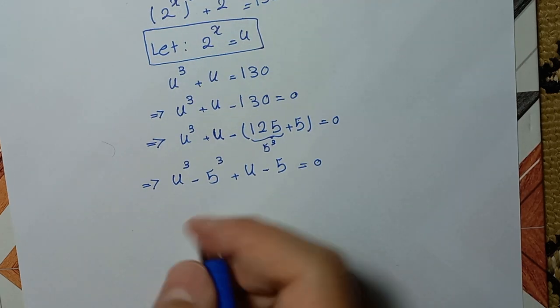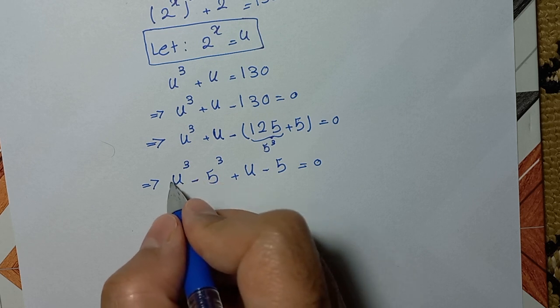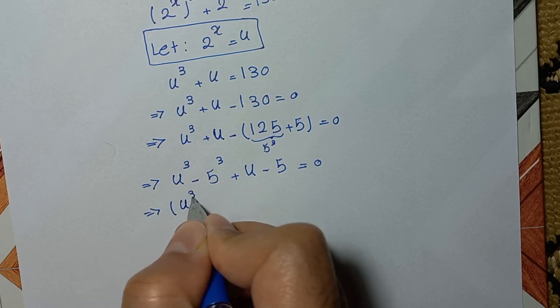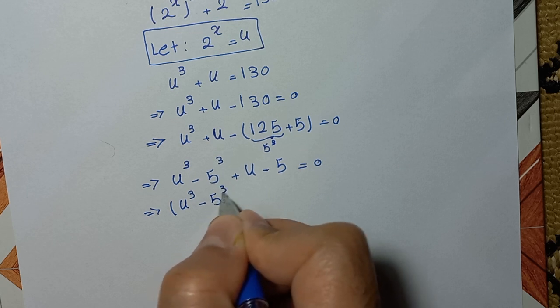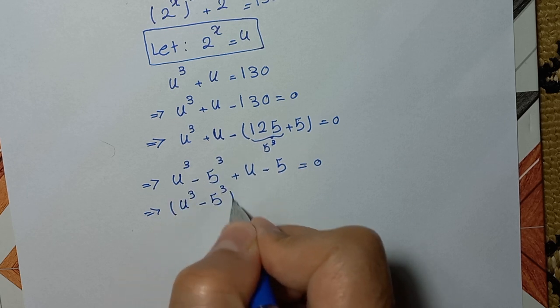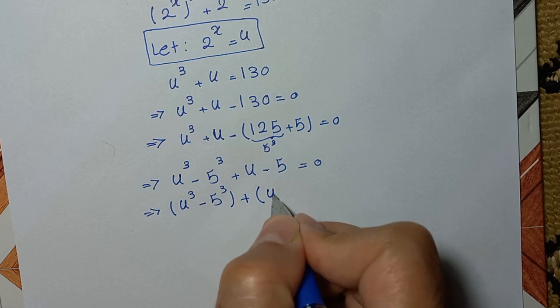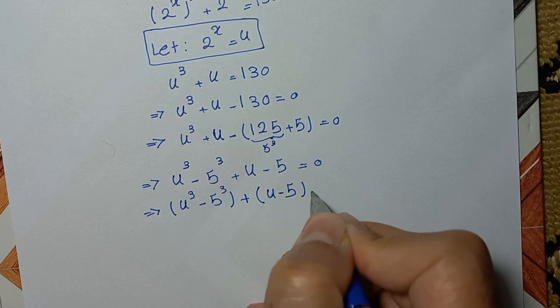So in next step, in here we have u cube minus 5 cube, we take this together, and plus, and we take these two part together, u minus 5 is equals to 0.